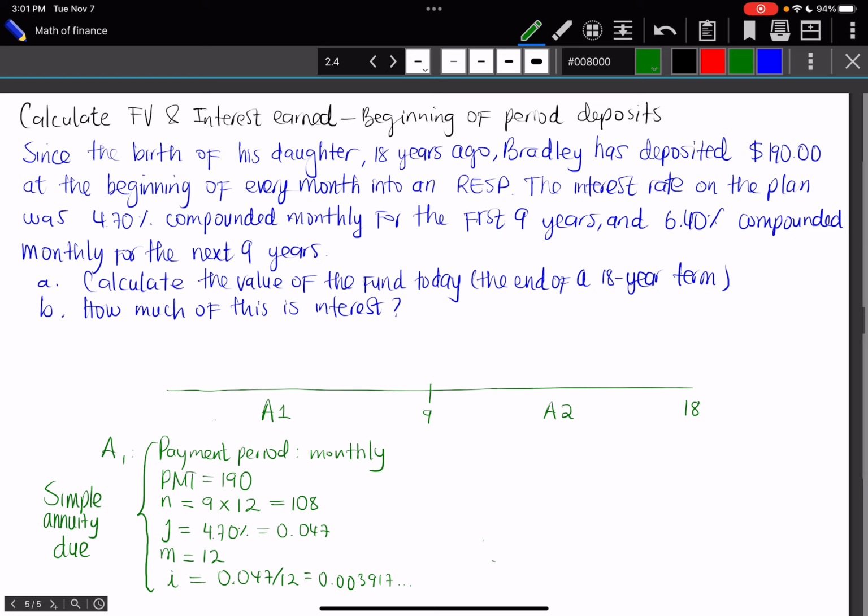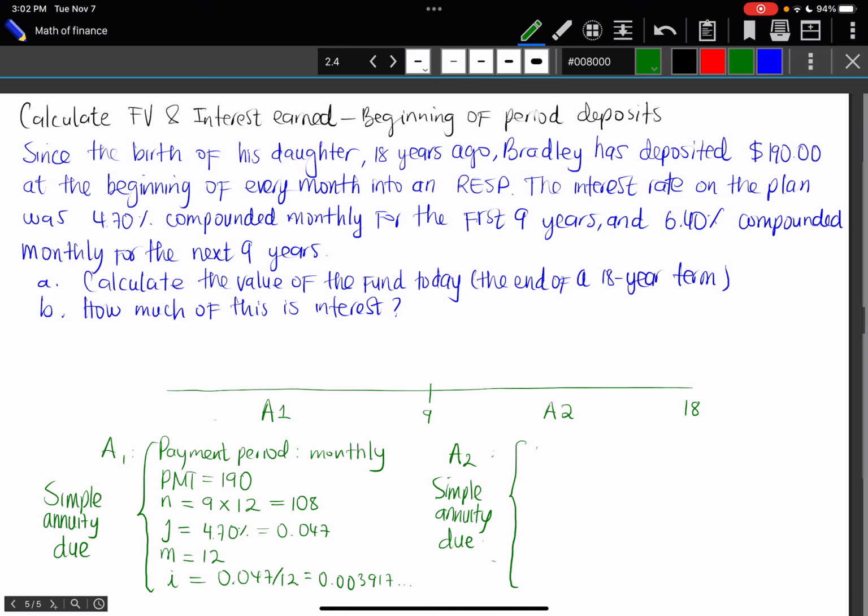Now, in a very similar way, A2, the annuity number 2, which comes from considering the regular payments after the 9th year and up to the 18th year, is a simple annuity due because payments are made at the beginning of every month and the compounding period and the payment period are the same.